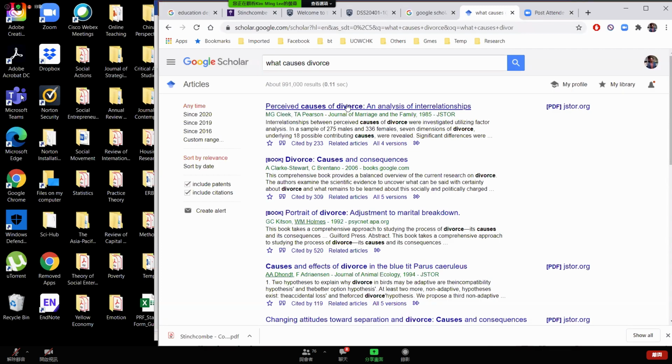You can look at how many times the article is cited. This article is cited by 233. It's okay. But this book, 309. This one, 520. The more citations, the more important that piece of literature is.